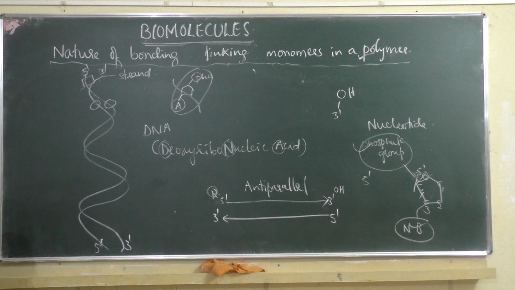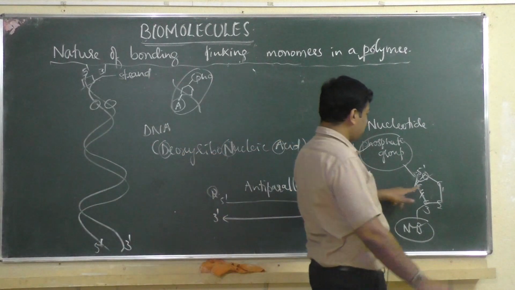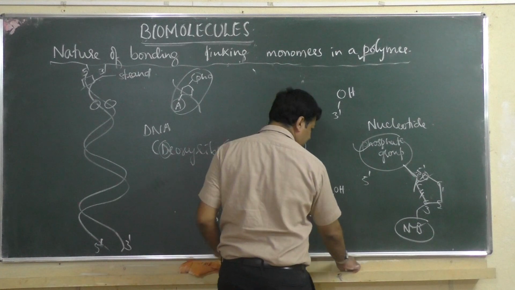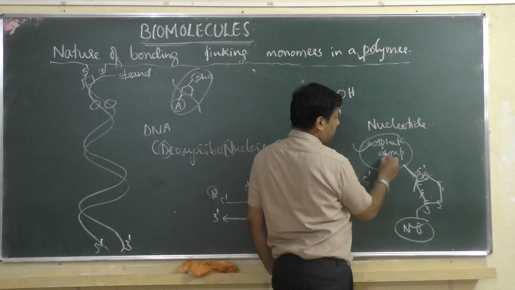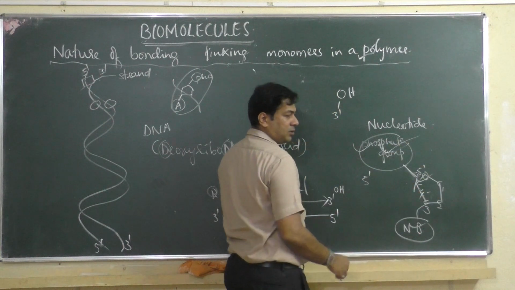Okay, then a very important thing is what? The bond formed between phosphate and pentose sugar. What is this bond? Color chalks are not here, otherwise I would have highlighted it. The bond in a nucleotide formed between phosphate and pentose sugar is called what?